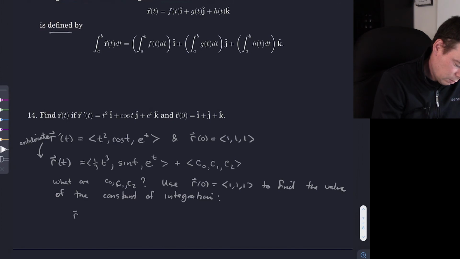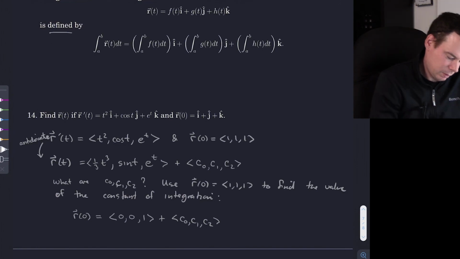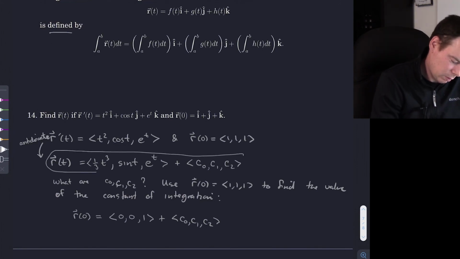So r of 0 is (1/3 times 0 cubed, sine of 0, e to the 0, which is just 1) plus (C0, C1, C2). That's what r of 0 is, just plugging 0 in. But that's supposed to be equal to (1, 1, 1).